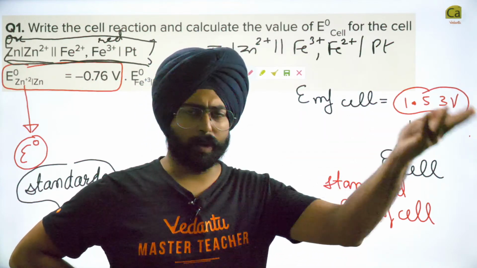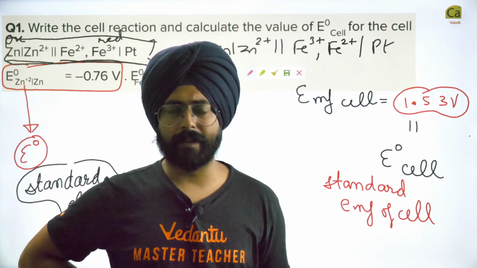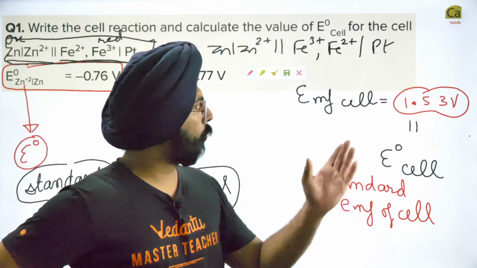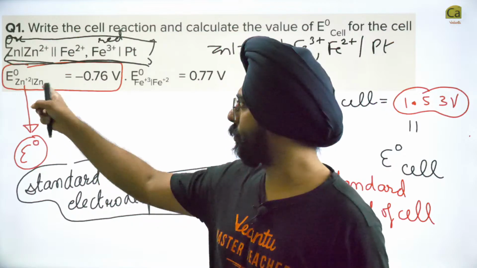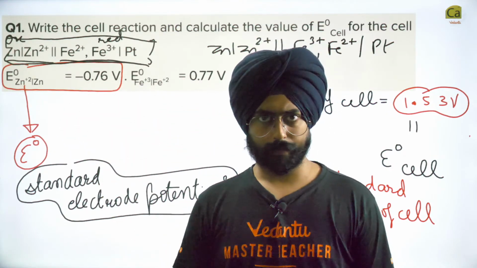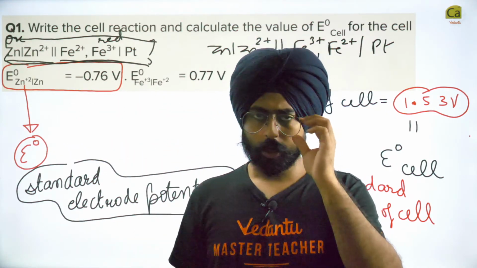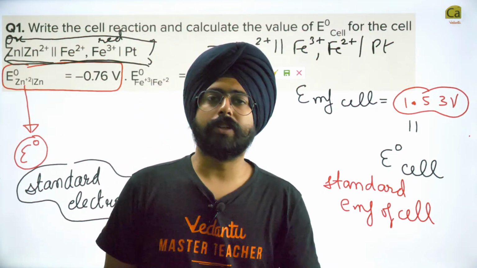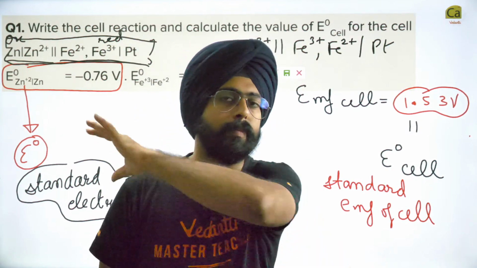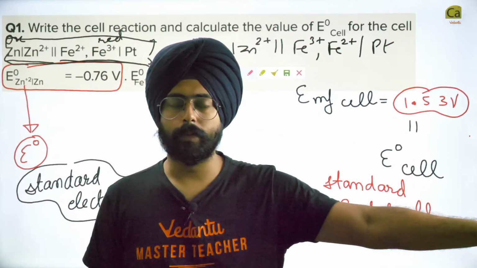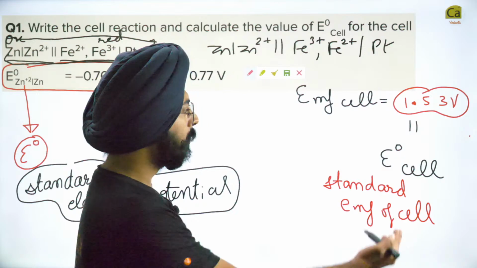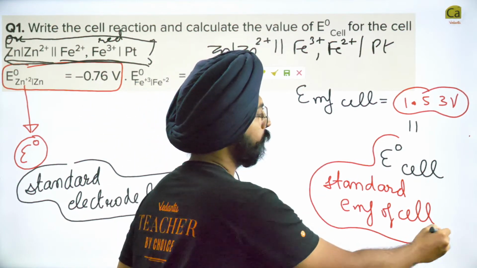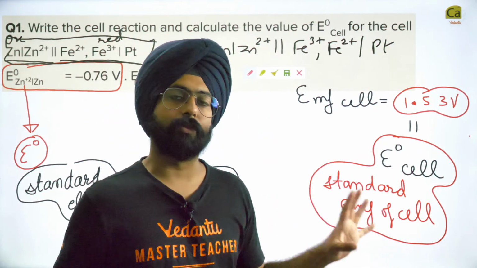Generally 1 atm and room temperature 25 degrees Celsius is taken as the standard. Over here the concentration of Fe3 positive, Fe2 positive has to be 1 molar, and the concentration of zinc 2 positive has to be 1 molar. So all the ion concentrations need to be 1 molar, and temperature and pressure need to be standard room temperature and 1 atm. Then the value that is measured will be the E naught of the cell, the standard EMF of the cell.